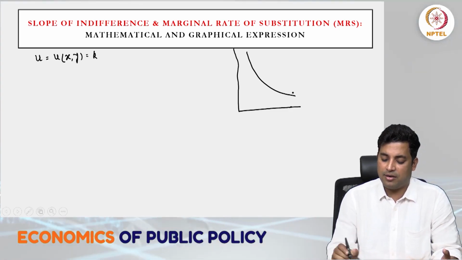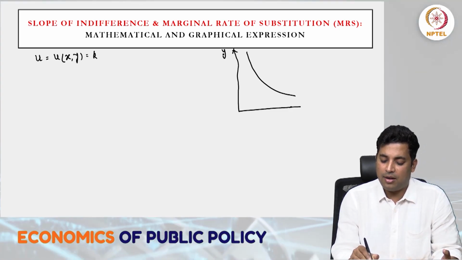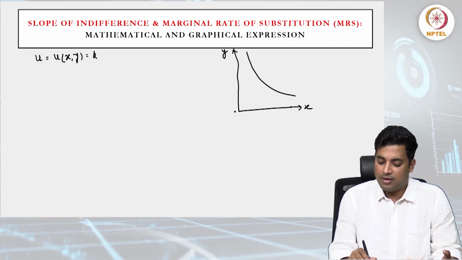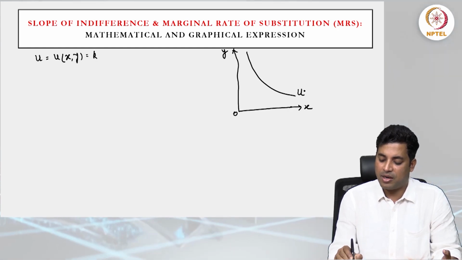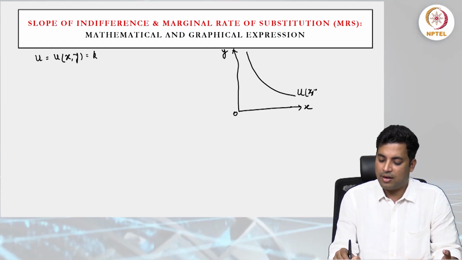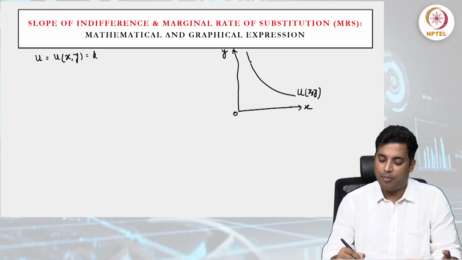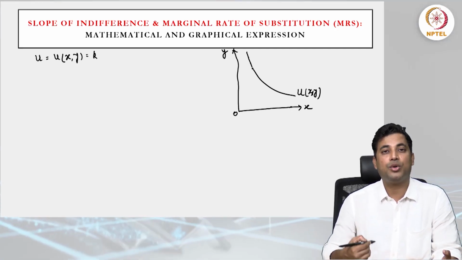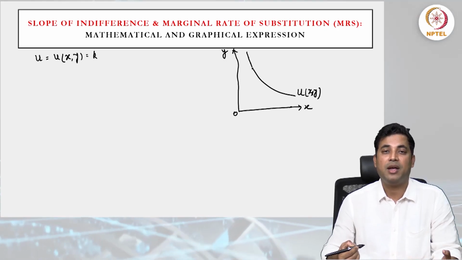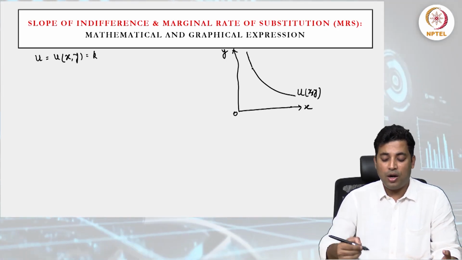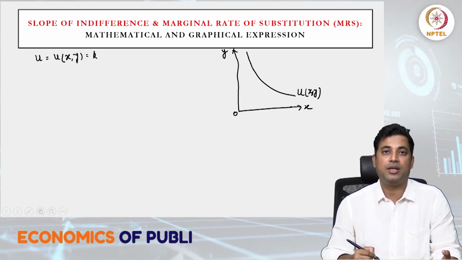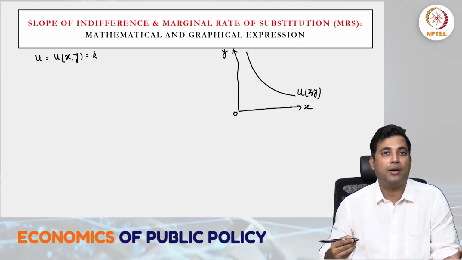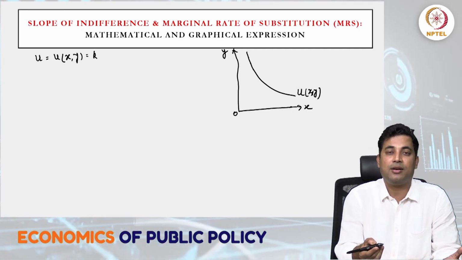If this is my utility curve, with y measured along the vertical axis and x along the horizontal axis, then any point on the utility curve has the same total utility level. Every point will give the same level of satisfaction, say 10 or 8 or k, where k is a constant.